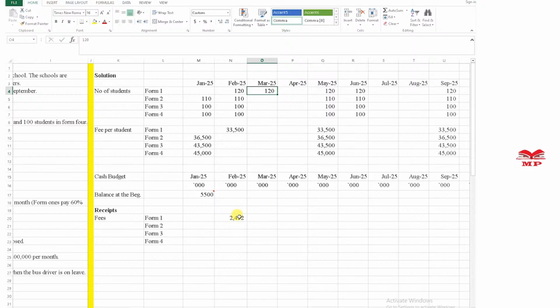So I pick 33,500 and I multiply with the number of students there, which will still be in March, because they joined in February, times 0.4, that's the 40%, divided by 1,000. I get that. That is the balance fee that they're actually being paid over there.